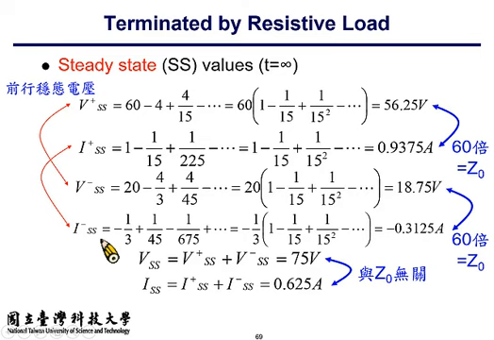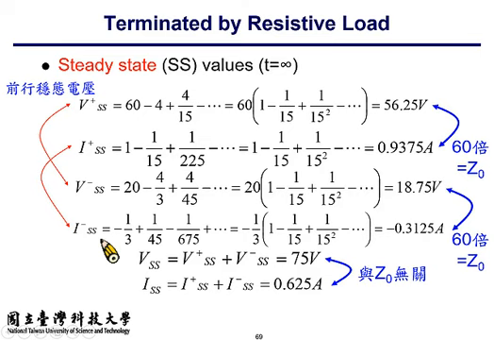Again, the ratio between each term is -1/15. So you have another infinite series beginning from 60, the same one. So the number is 18.75. If you add up the two terms, it becomes what? Becomes 75. All right? And you can write up the corresponding steady state current terms.